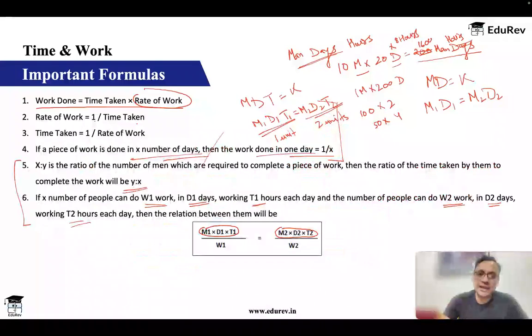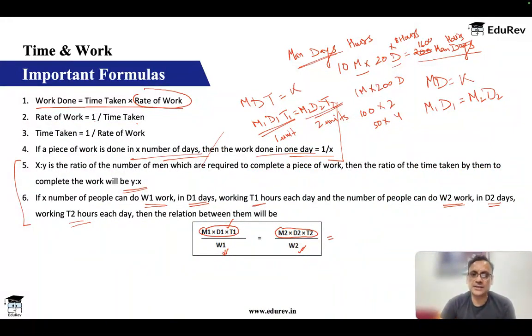So I divide M1 D1 T1 by W1, which is the units of work, so that it is per unit of work, and M2 D2 T2 by W2, so that it is per unit of work. So now, the efficiency of my people is the same.